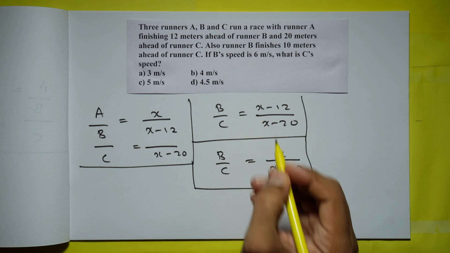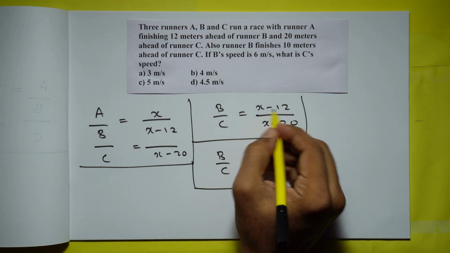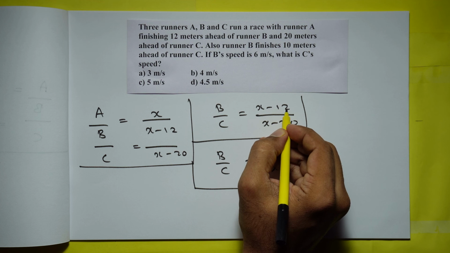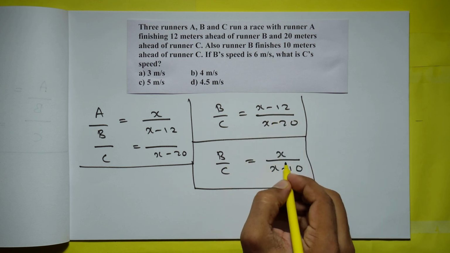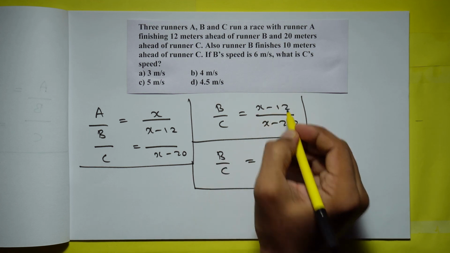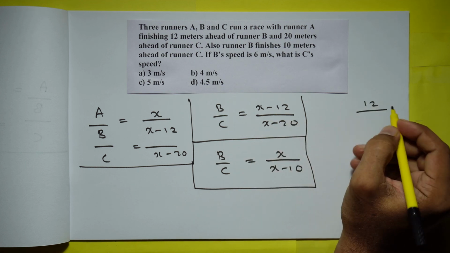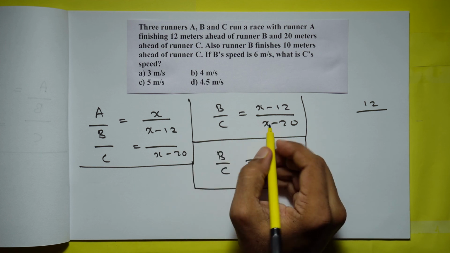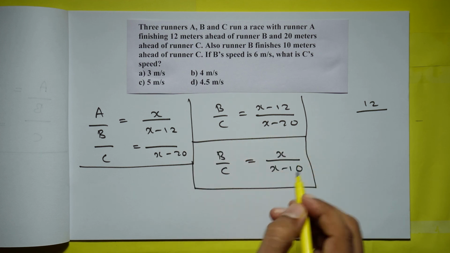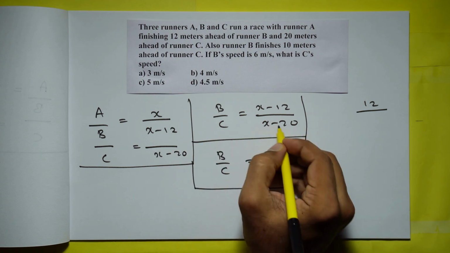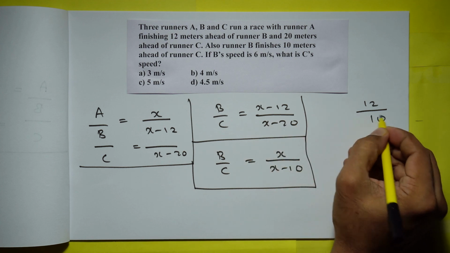Now at this point B has done x minus 12. From here to this point B has done x minus 12 to x. B has actually done 12 meters. And in that much time C has traveled from x minus 20 to x minus 10. X minus 20 to x minus 10 is 10 meters.